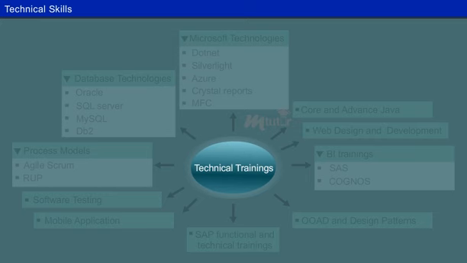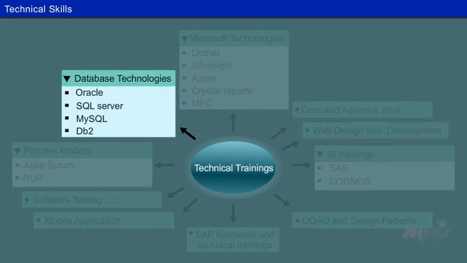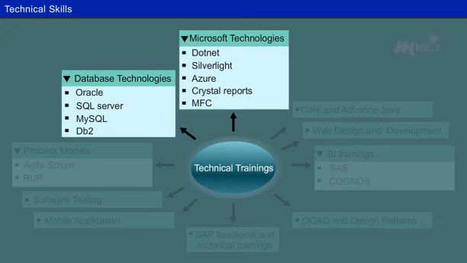Being technically strong indicates how knowledgeable an individual is in his or her subject. They are database technologies, Oracle, SQL Server, MySQL, DB2, Microsoft Technologies, .NET, Silverlight, Azure, Crystal Reports, MFC.